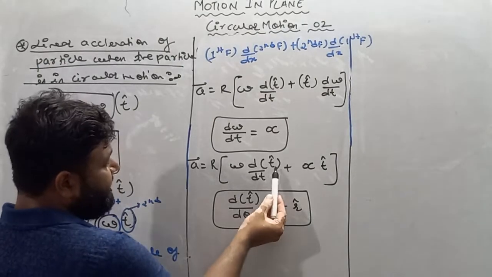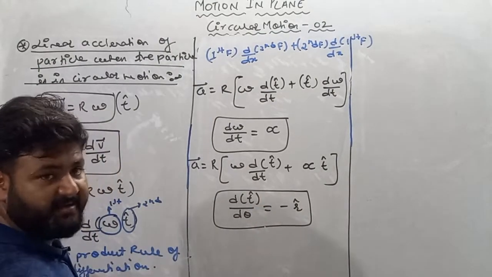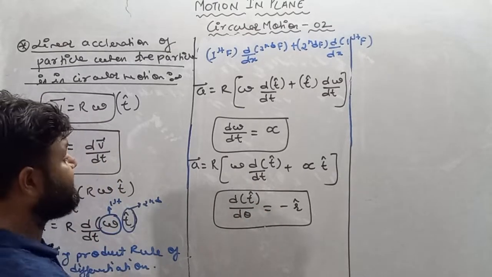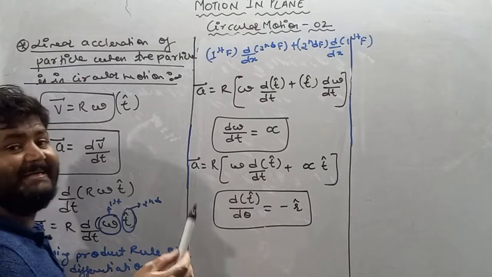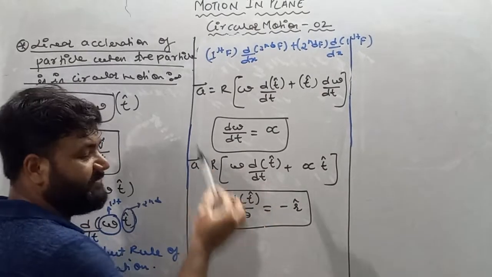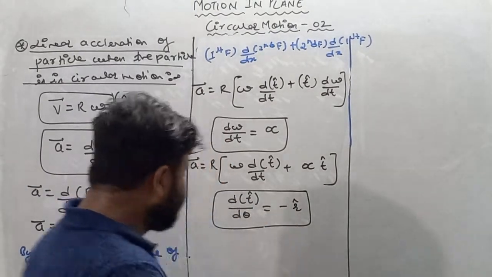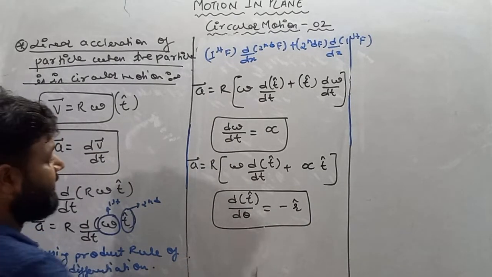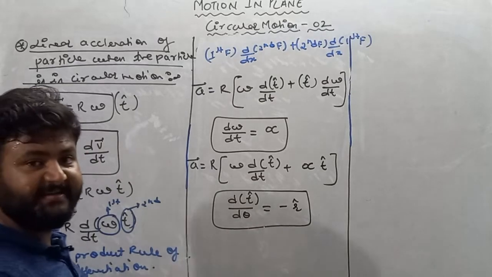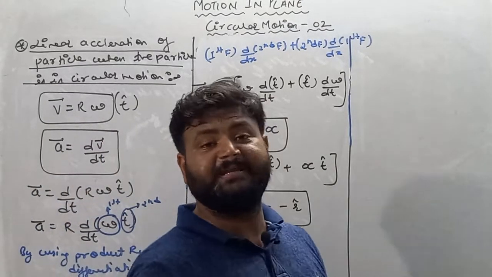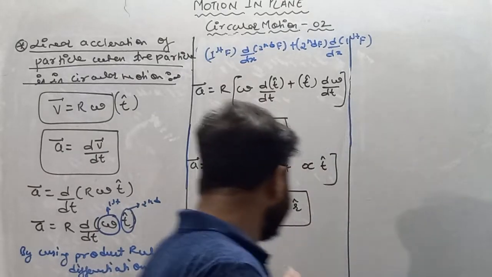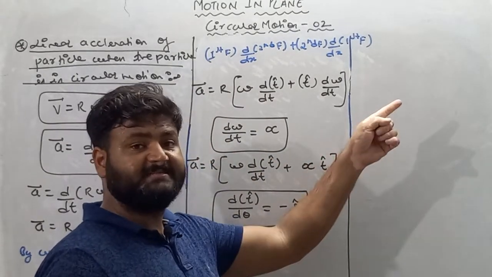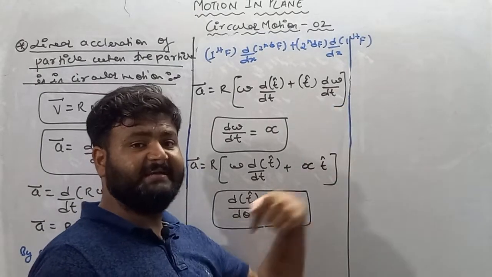Here the tangential unit vector is there, but in the denominator it is dt, so there is no relation that can create a new term of the tangential unit vector with respect to dt. But if the tangential unit vector is differentiated with respect to theta, you get the negative of the radial unit vector. I already told you the meaning of this: the radial unit vector is away from the center, but if it is minus r, then it is towards the center.